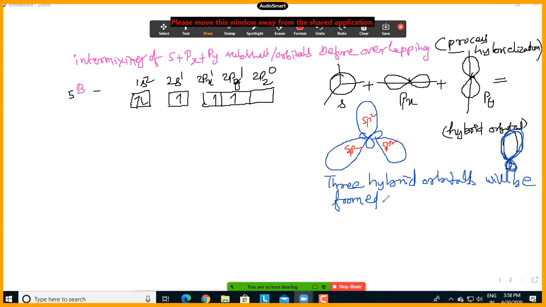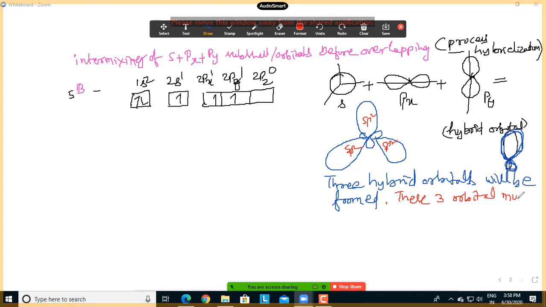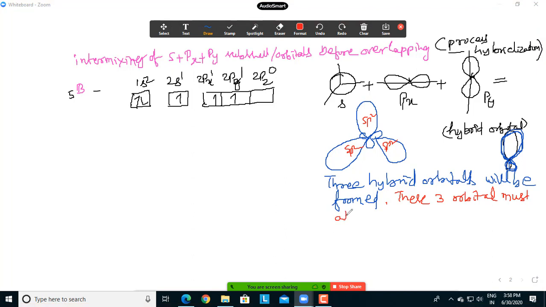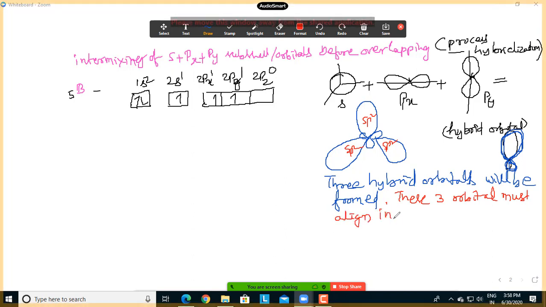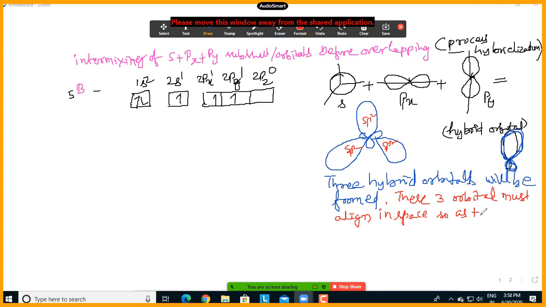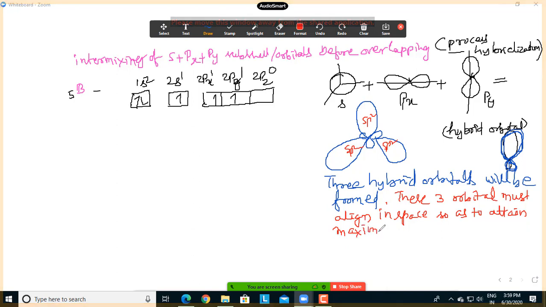These three hybrid orbitals must align in space so as to attain maximum stability.